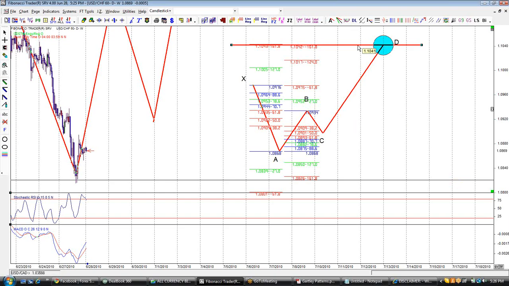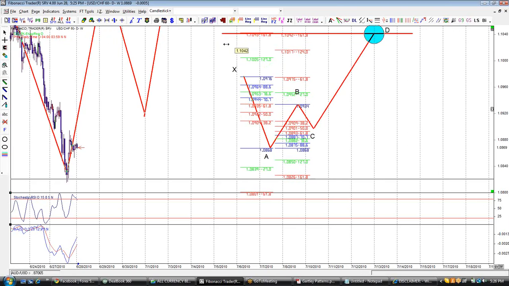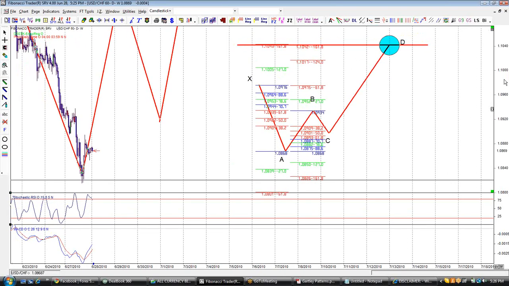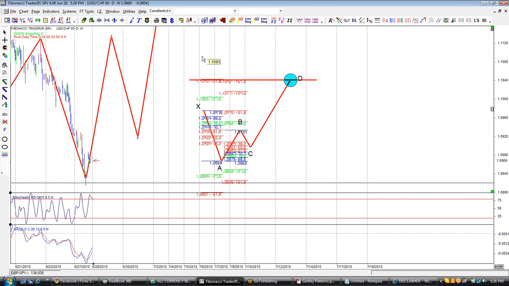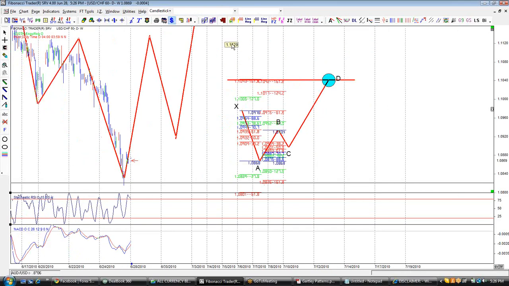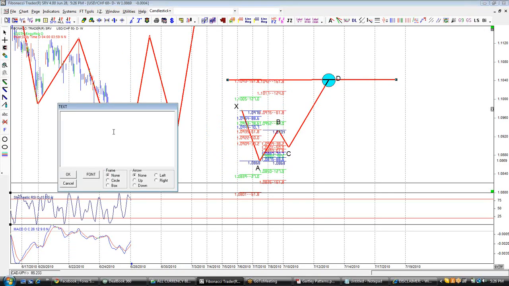Now, note that we look for those patterns, if it's a sell crab, we would look for this sell crab on a higher time frame resistance level. Now let's say that we're on the 1 hour chart. Well, this level here must be, let's say, resistance from the 4 hour or maybe daily time frame.